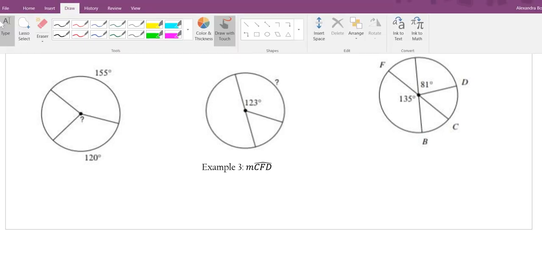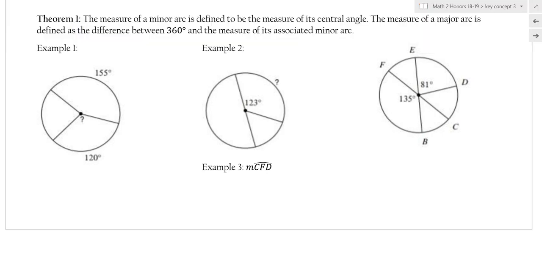So looking at example 1, we're finding the measure of this angle. What this theorem is telling us is the measure of the arc. And measure of an arc, remember, is angle measure, equals the measure of the central angle.